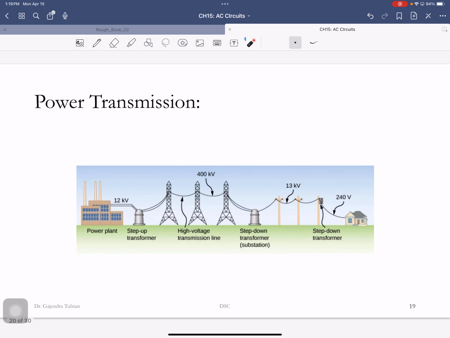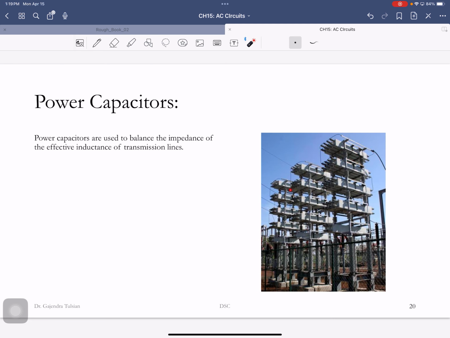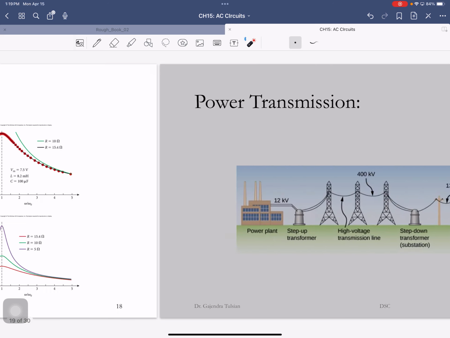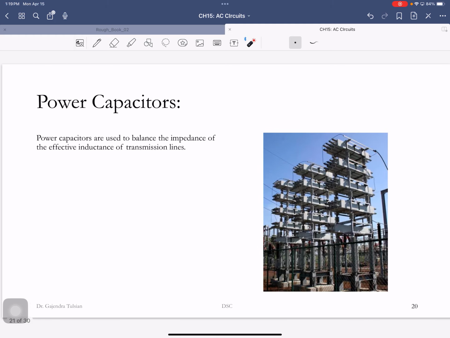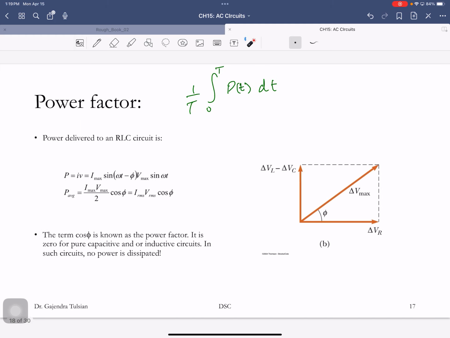So what do cities do? They have to add capacitors at the end before the power comes into the city. So you add XC, so that gets canceled, and phi becomes 0, so maximum power can be delivered to the city.